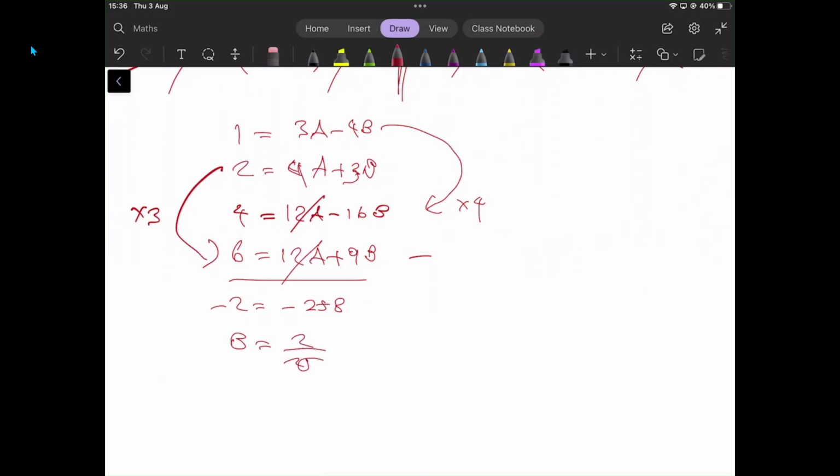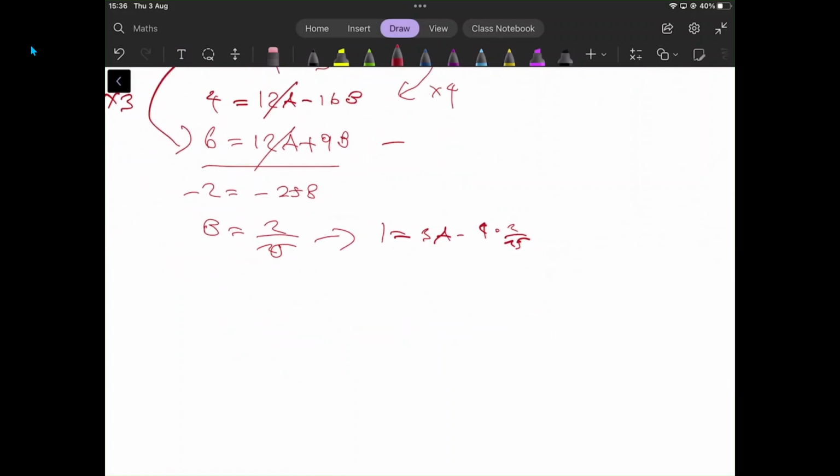And then, in order to find a, you do 1 equals 3a minus 4 times 2 over 25. And so 3a equals 1 plus 8 over 25, which is just 25 over 25 plus 8 over 25, or 33 over 25.